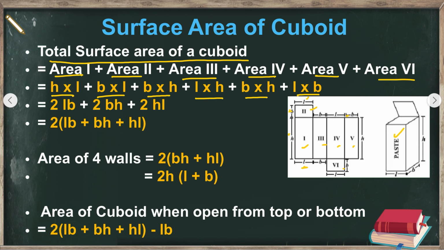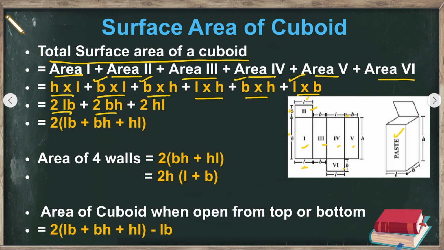After noting this down, you can notice that we have lb two times, so we get twice of lb. Similarly, we have one bh here and one bh here, so we get twice of bh.